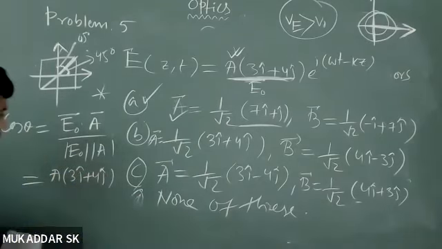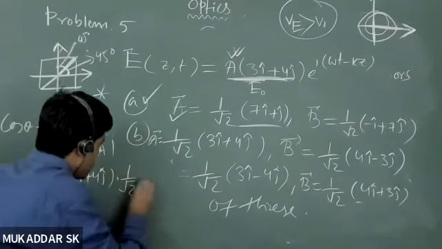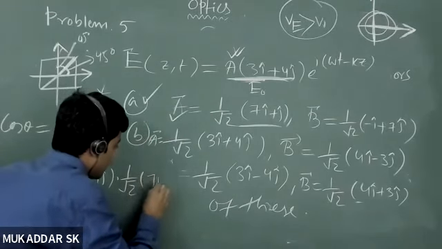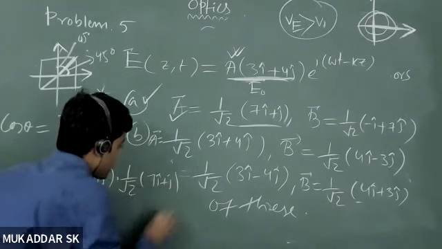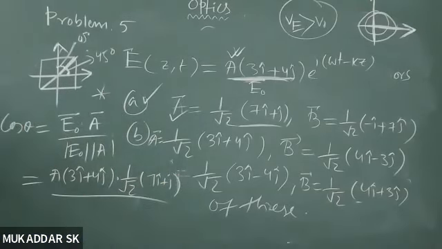ओके. And you have a is given, that is 1 by root 2 (7i plus j), and mod E naught will be how much?